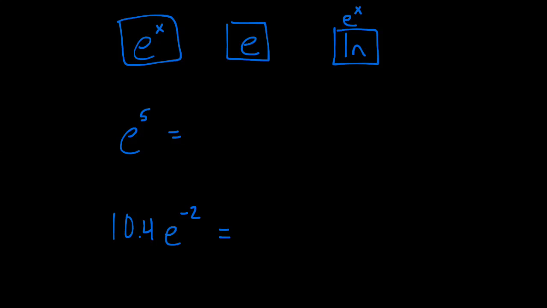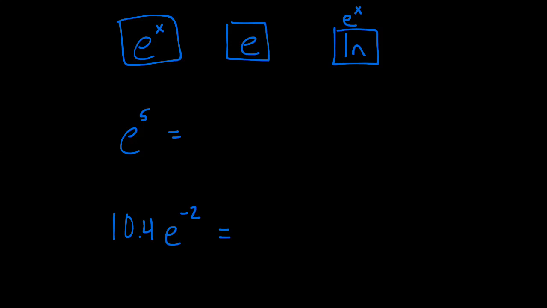In these next examples, I want you to get out your calculator, and we're going to actually give the decimal of what one of these expressions is equal to. So on your calculator, you'll need to look for an e to the x button. Maybe all you see is an e, or maybe on some of them it's going to be above this ln button, and so you might have to do the second or shift to get your e to the x.